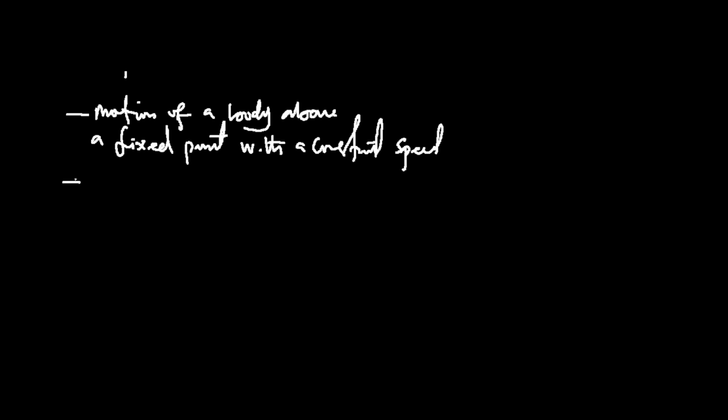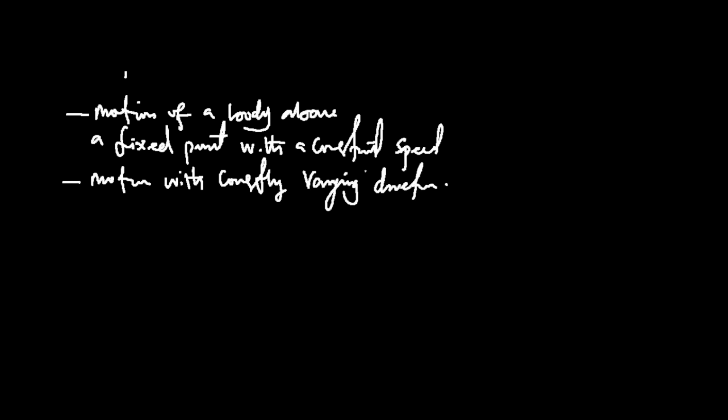You can also say that it's a motion with constantly varying direction. You need to note all these things very well, because these are ways that the examiner wants to test you on the definition. Are we together now?